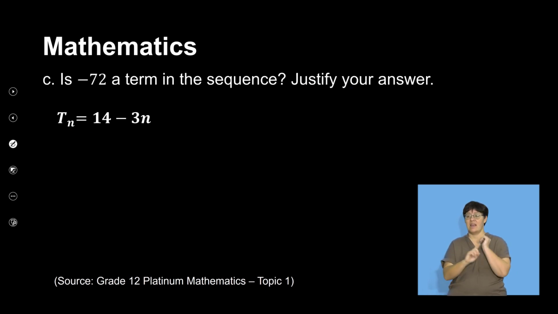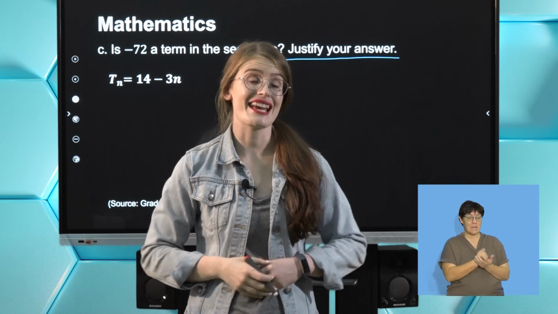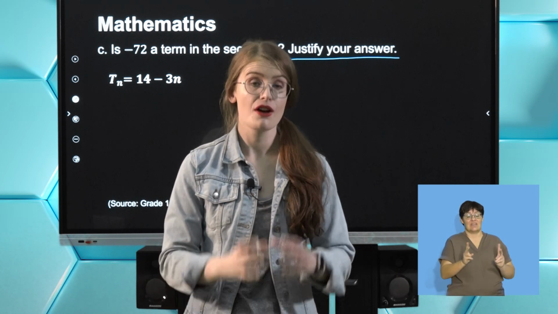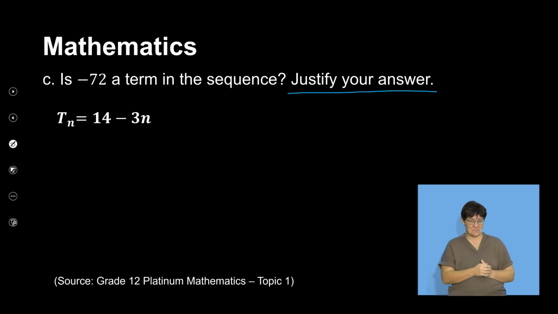Last but not least, I'm asked if negative 72 is a term in the sequence, and we need to justify our answer. Guys, please remember that when I'm determining whether something is a term in the sequence, I have to see if I get a natural number for n. Let's see if we get a natural number for n. So I'm going to substitute in negative 72, and I'm going to isolate and solve for n.